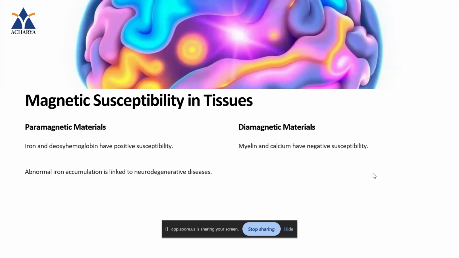Diamagnetic materials are like myelin and calcium. These materials have a negative susceptibility. The myelin and the calcium, having a negative susceptibility, will decrease the external magnetic field.